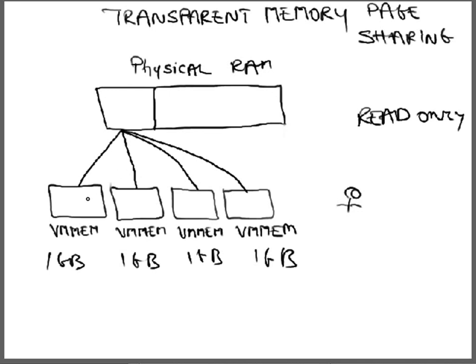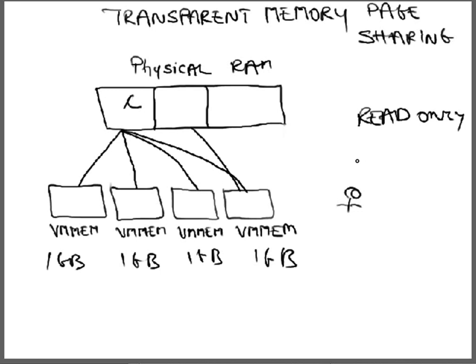Once a virtual machine needs to make a modification to these pages, needs to write to these pages, what happens is the VM kernel will make a copy. It will copy this chunk that was being shared between all of them. It will make a copy of it and make it into a private copy, and then let the virtual machine make all the changes it needs to it on an individual basis that is not shared with anyone else.